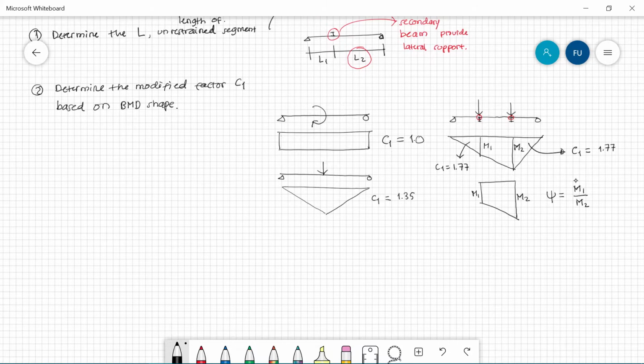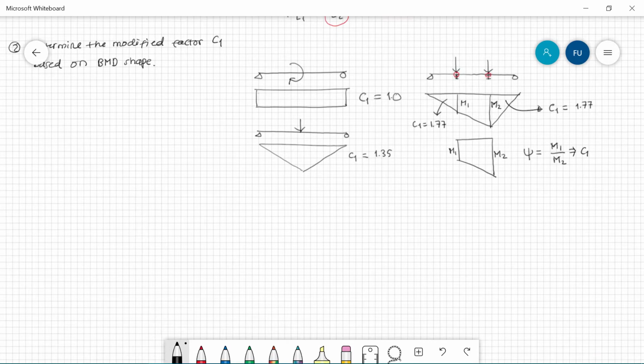So it will give you the value of C1. There are a number of proposed empirical expressions to determine the value of C1 based on the ratio of bending moment.